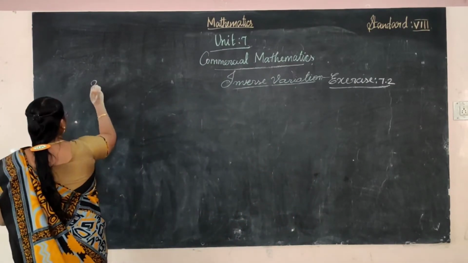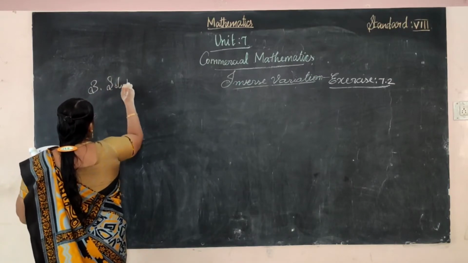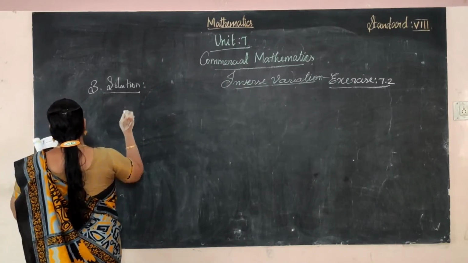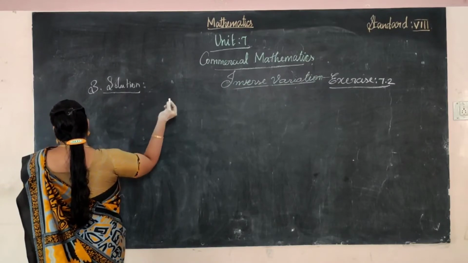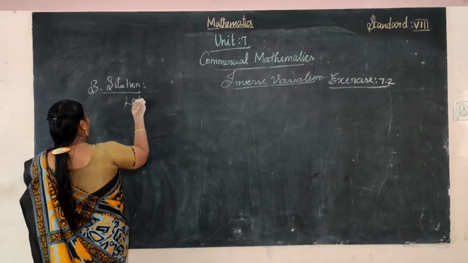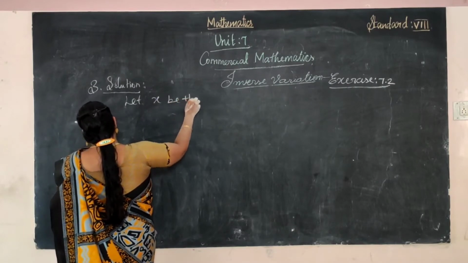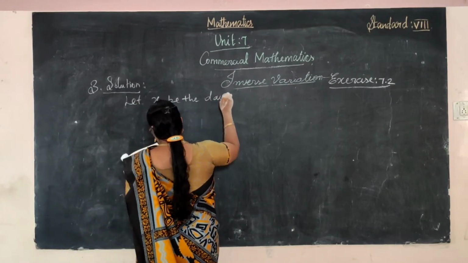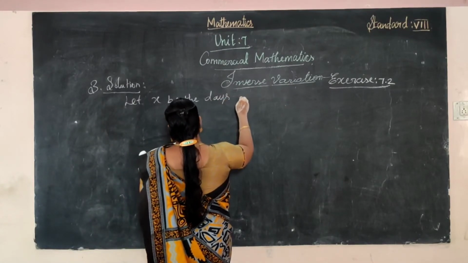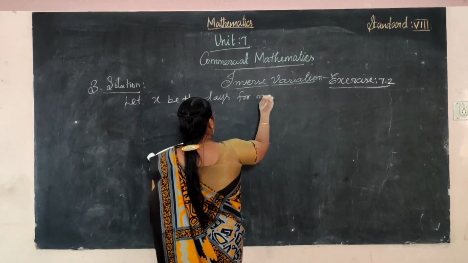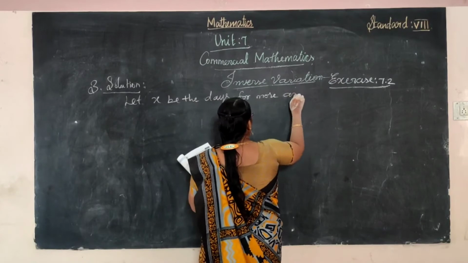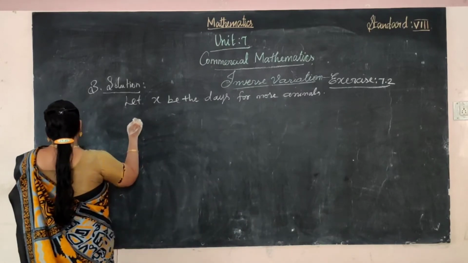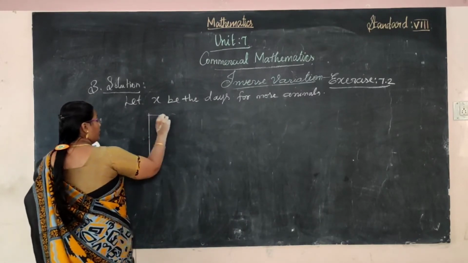Okay, right. See the third one. So the first 2 are homework. Third one: a farmer has enough fodder. So let x be the days for 7 more animals. See the table.